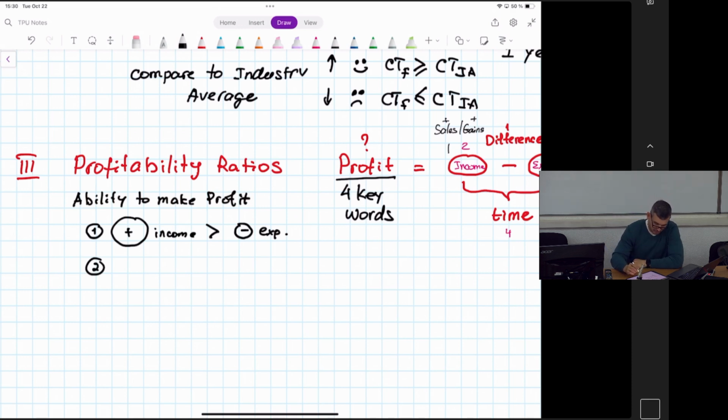So, it's profitable when income is more than expenses. When we have a lot of expenses and small income, we have loss. Profit and loss. Loss, убыток. So this is loss, this is profit. This is income, this is expenses.